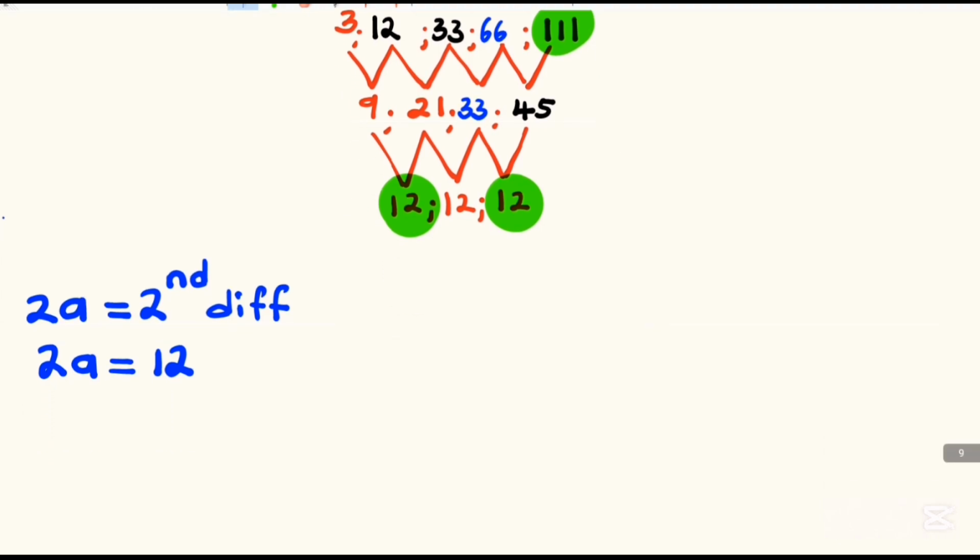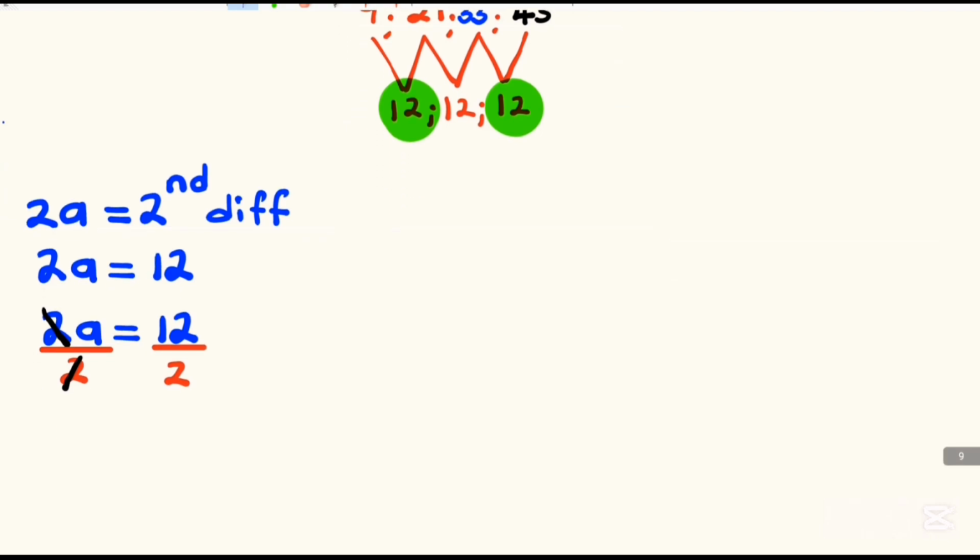And to solve for a, we divide both sides of the equation by 2, and from here the 2 and that 2 will cancel out, and the value of a will be equal to 12 divided by 2, which is equal to 6.